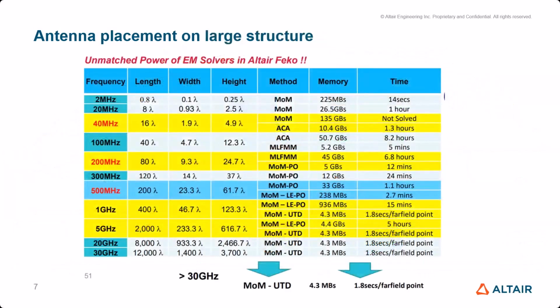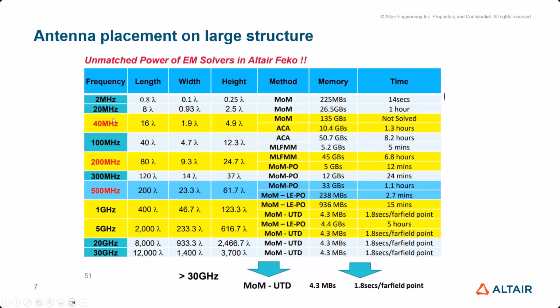Here is an example of an antenna placement on a large structure, which was solved with different solver techniques in Feko. When solving the problem at around 2 megahertz, which is around 0.8 wavelengths in size, it takes only about 14 seconds and 225 megabytes with method of moments.